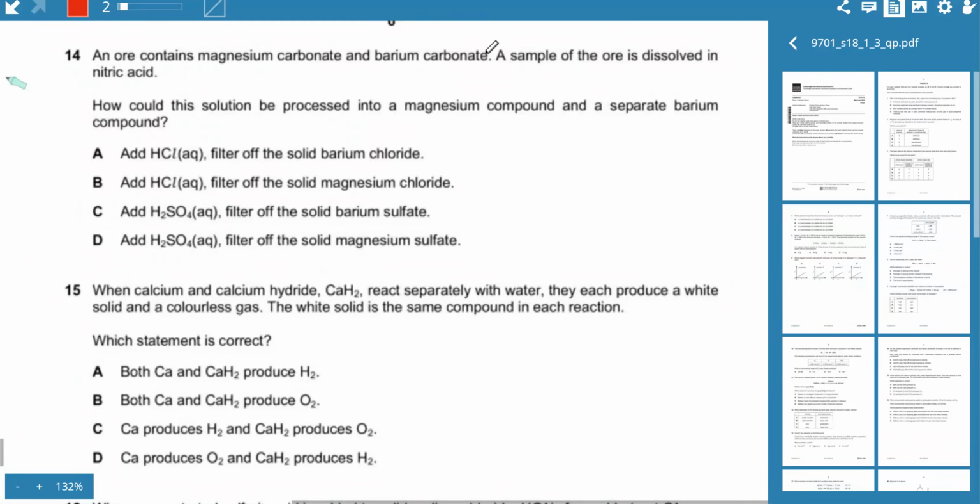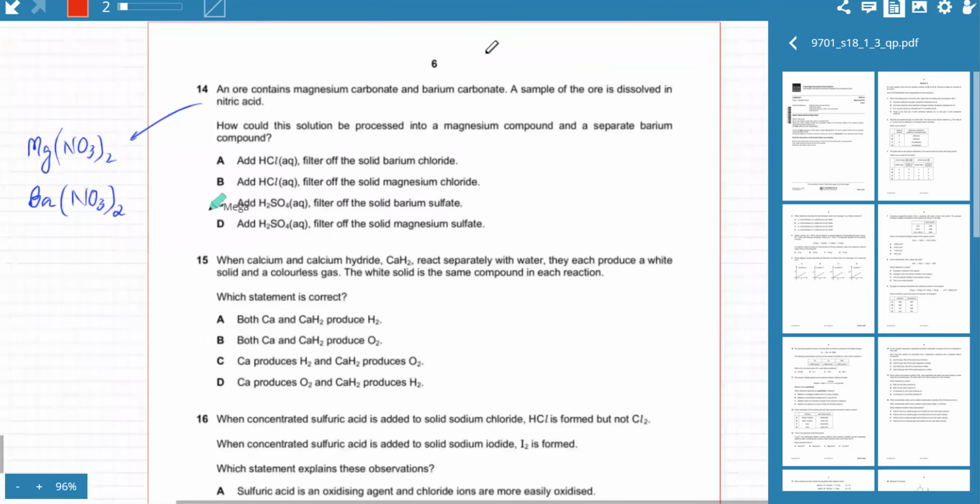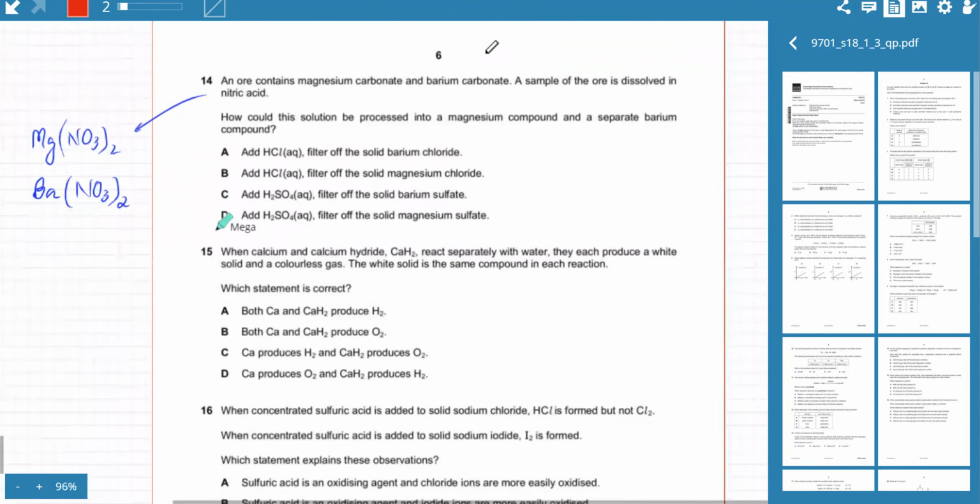So basically, a nitrate salt would be produced. The carbonate would react to form magnesium nitrate, and barium carbonate would react to form barium nitrate.